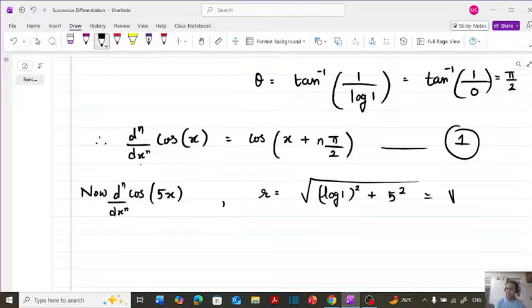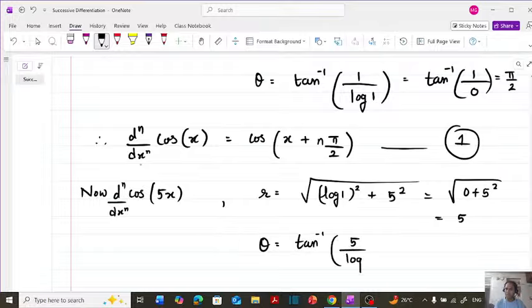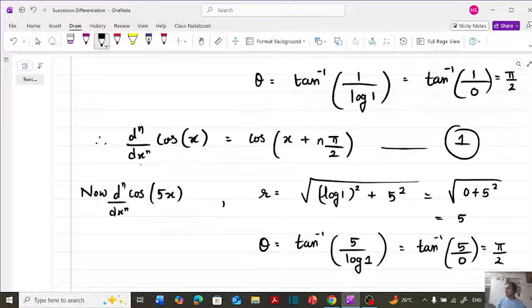So again it is going to be 0 plus 5 squared, so that's going to be 5 alone. What about theta? Theta is tan inverse of 5 divided by log 1, which is tan inverse of 5 over 0, which is pi by 2.